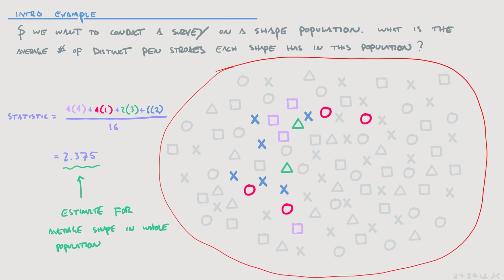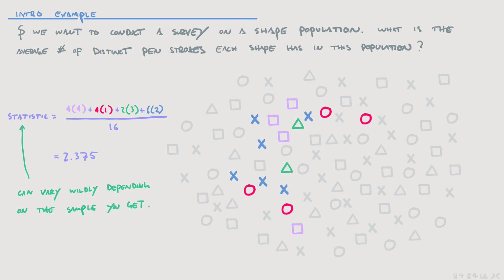We use this estimate to say something about the whole population. So instead of having to conduct a census, we're just finding a sample and calculating our average based on that sample. That's called a statistic, and it's used to estimate a parameter of a population.